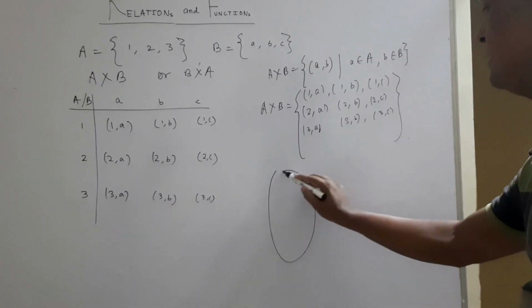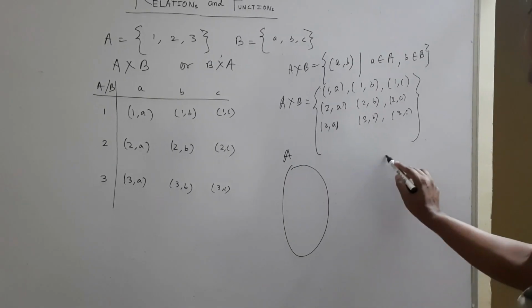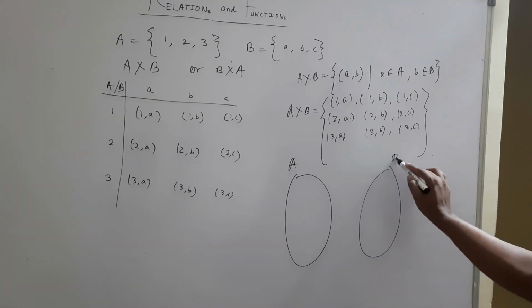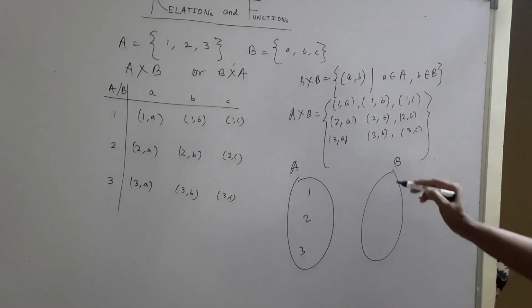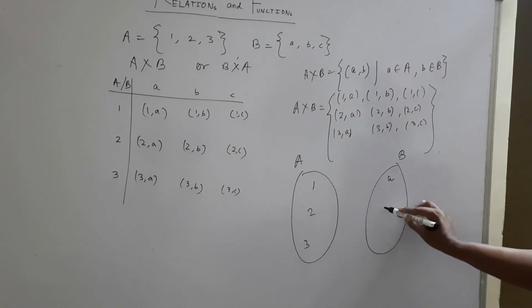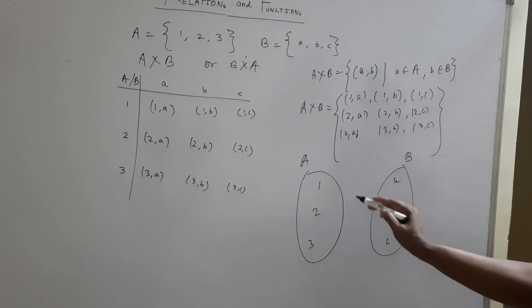This is my set A, this is my set B. A has the elements 1, 2, 3, and B has the elements a, b, c.